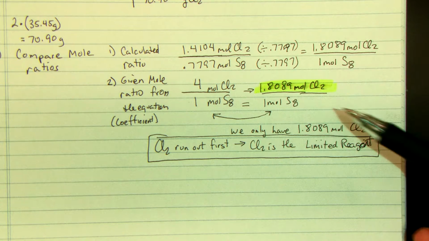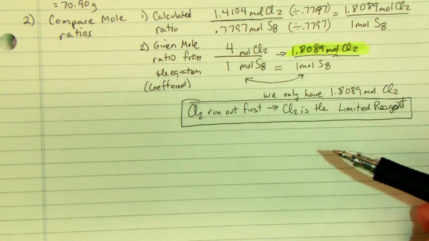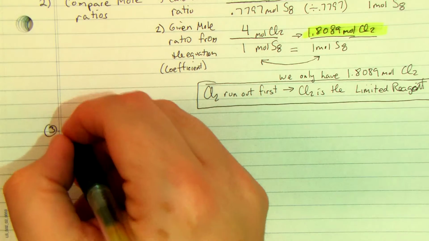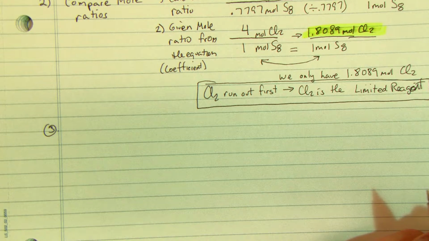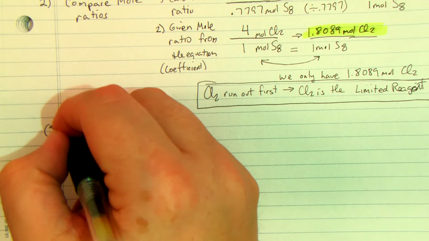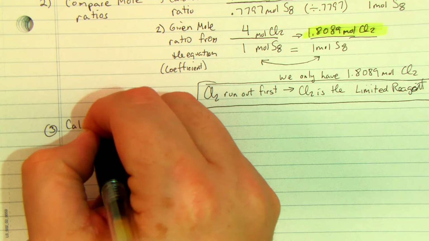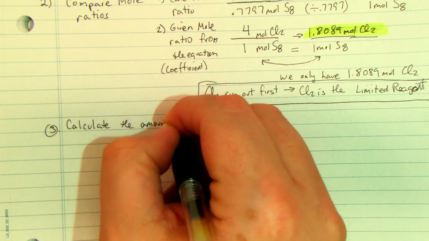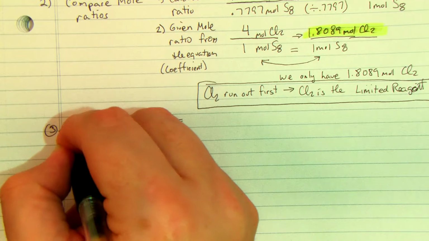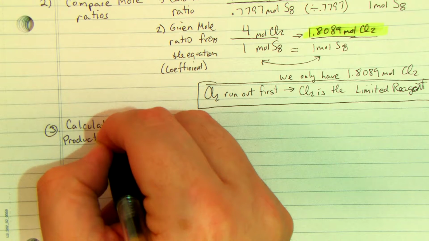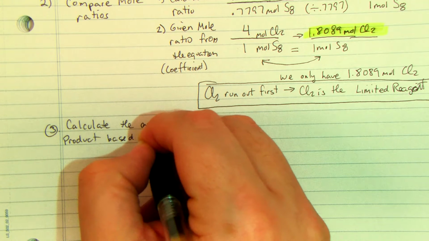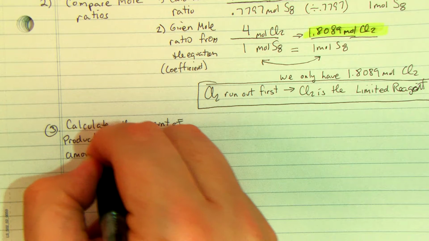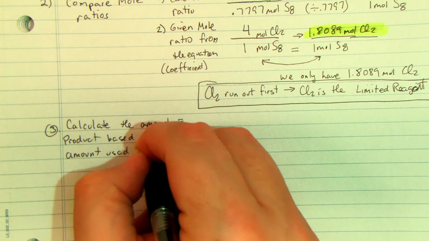So step 3 after that, since I know chlorine is my limiting reactant, we need to calculate the amount of product based on the amount used of Cl2, because chlorine is a limiting reactant.